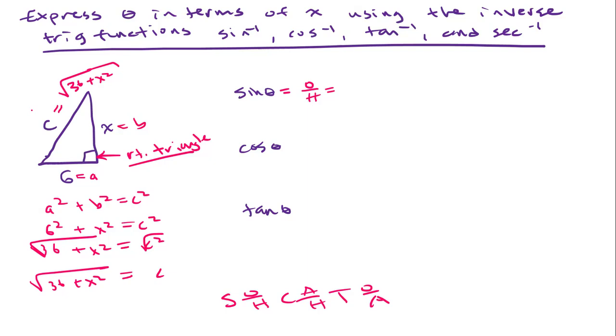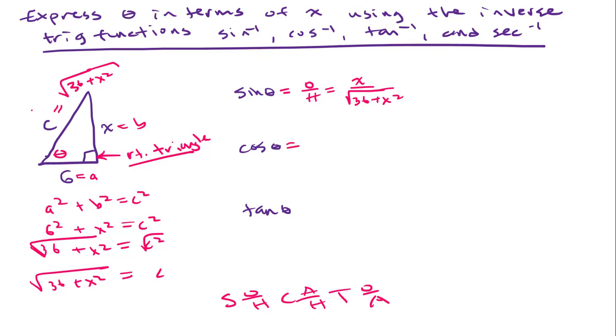Theta is here in the bottom left corner. The opposite of theta is x, or in this case b, so we have x over the hypotenuse, which is the square root of 36 plus x squared. That's our sine theta.